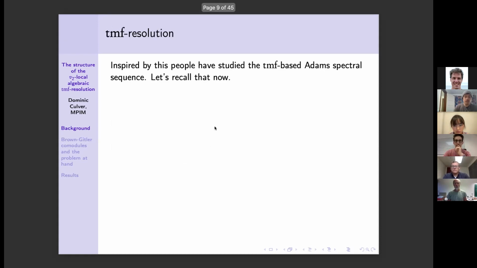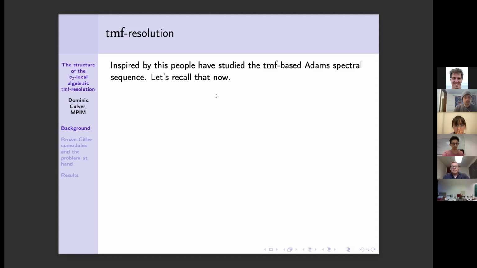Okay, so I and a bunch of other people, so I guess Mahowald started working actually on the TMF-based Adams spectral sequence back in the day, and then that was sort of taken up again later by Mark Behrens, Kyle Ormsby, Nat Stapleton, and Vesna Stojanoska in their paper on TMF cooperations, and then Mark Pstrągowski, myself, and also Agnès Beaudry and Jolie Xu also started thinking about the TMF-based Adams spectral sequence.